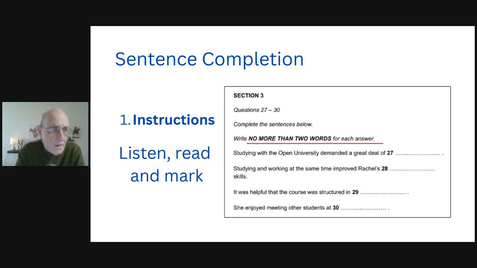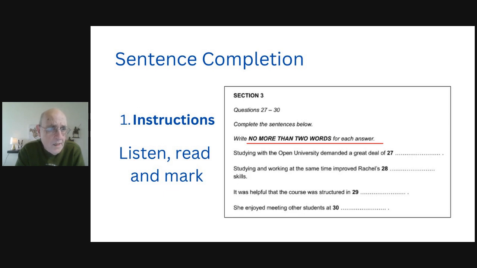So read the questions carefully, underline them to make sure you've seen them, and then listen to the instructions carefully as well. Because when you listen to the instructions, this is where you get the context or the situation of the recording. And in this case, you'll see that the example question we're using is section 3.